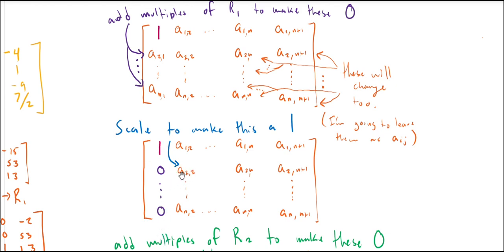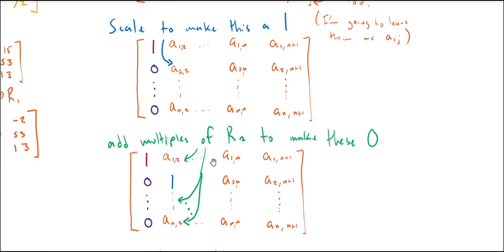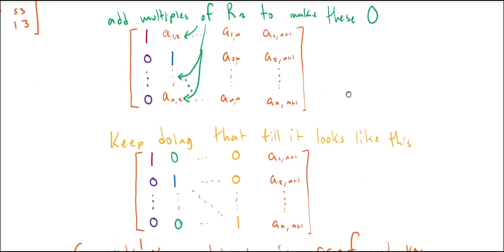Now we want to focus on element 2, 2 down the diagonal. We want to scale that in order to make that into a 1. So we multiply the entirety of row 2 by that. And now we add multiples of that to every other row in order to get zeros everywhere else too. This is easily done because we have a 1 right here, and so we just need to multiply by, for example, the negative of this A12, and then add row 2 times that back to row 1 again.